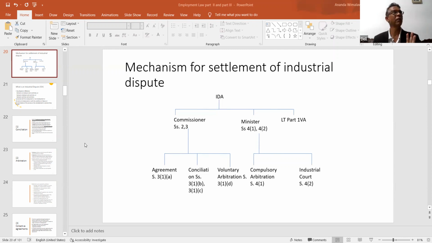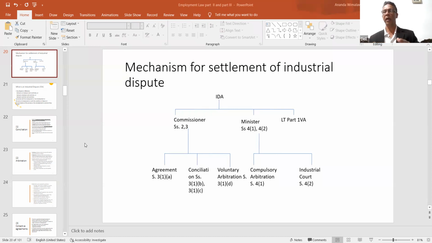But if there is a very serious industrial dispute in the country, if conciliation fails, then voluntary arbitration also fails, and the matter is very severe, with a lot of implications on the economy, then instead of referring it to an arbitrator, who may be an outsider or a retired labor department person, there is a pool of arbitrators in the labor department.